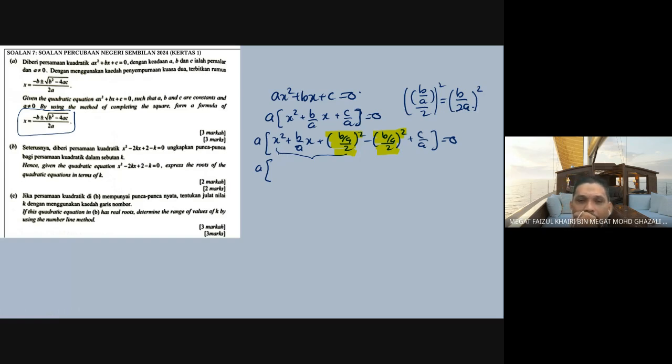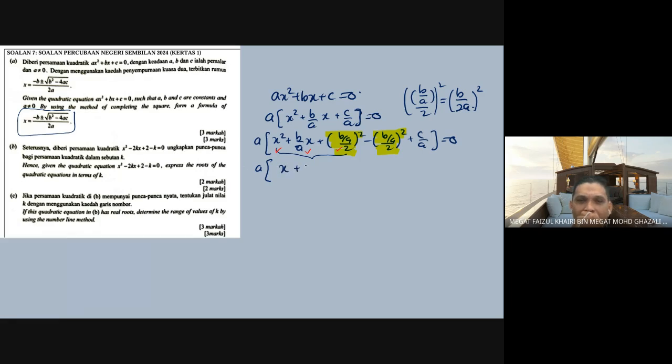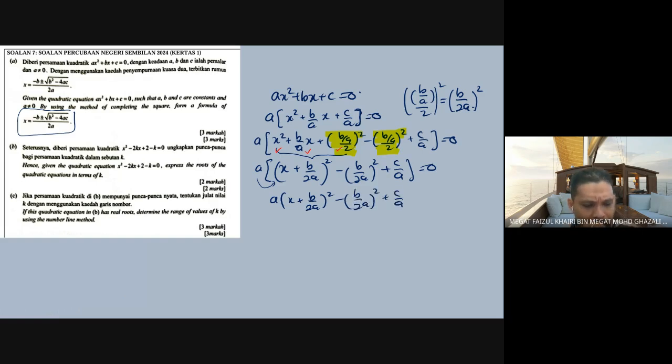So for this, 1, 2, and 3, we can simplify this as x plus b over 2a squared minus b over 2a squared plus c over a. Okay, so then a multiplied with this.